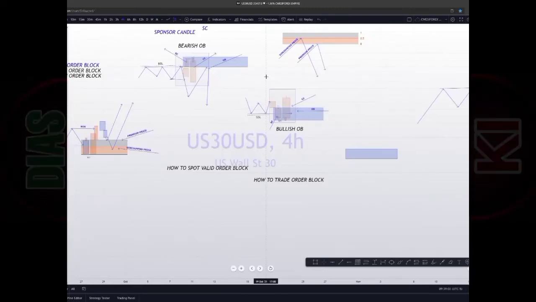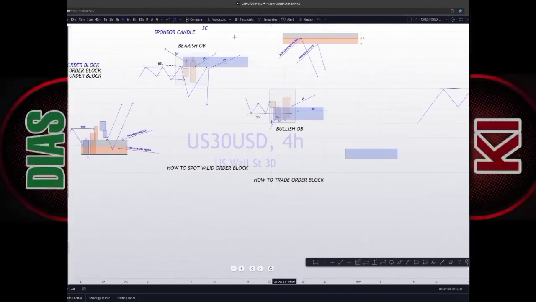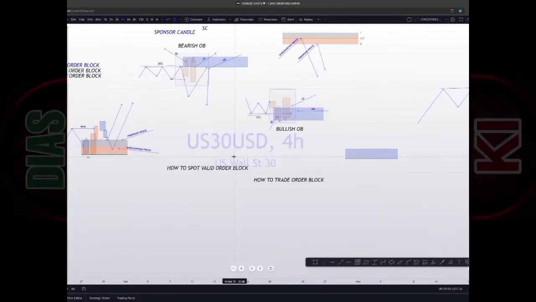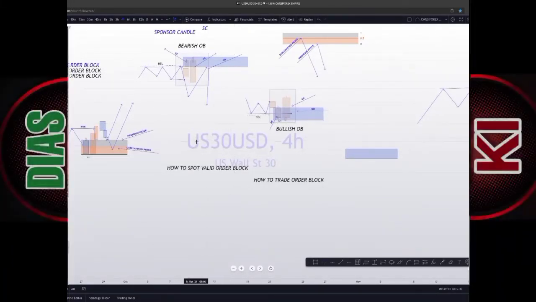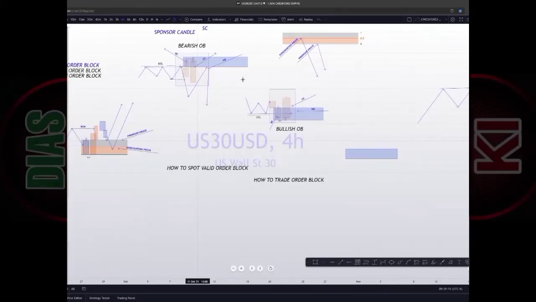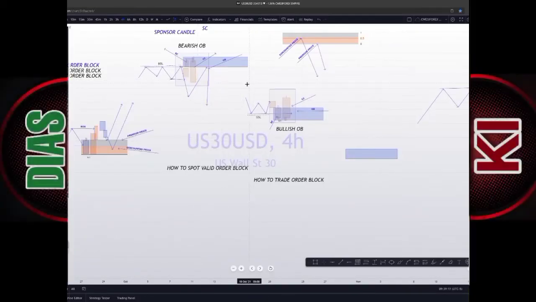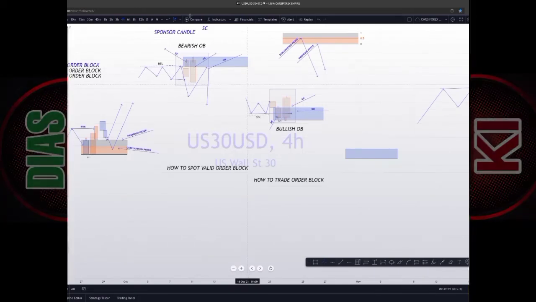What you need to do is to move towards the smaller time frame. Then you start looking for a break of structure or price taking out liquidity, then order blocks on the smaller time frame. Then you can take your entry from there.